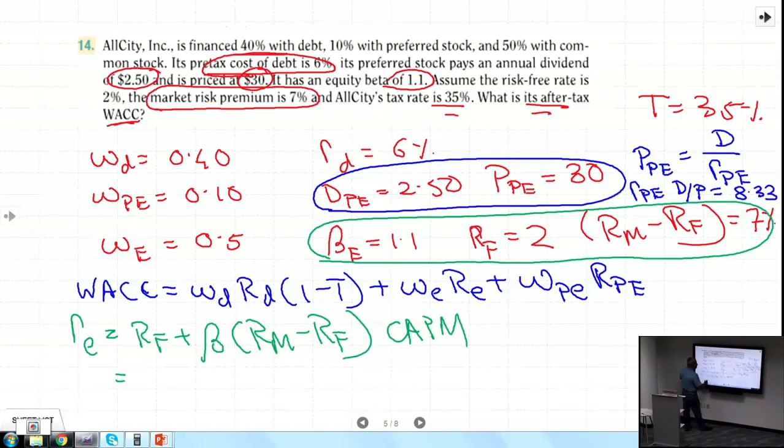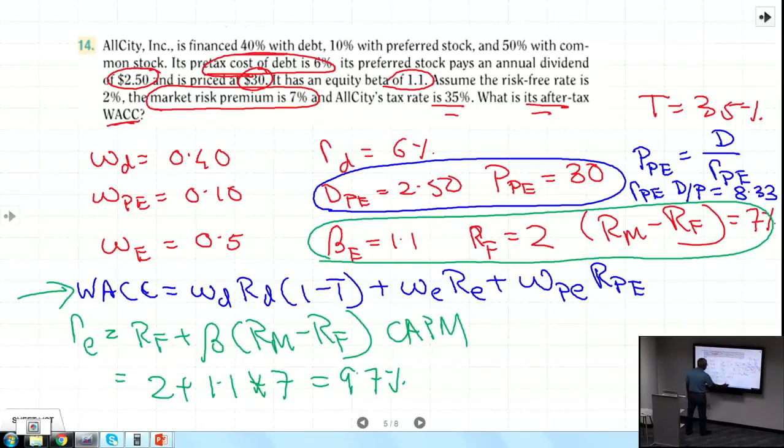So RF, risk-free return, is 2%, beta is 1.1, and RM minus RF is already given as 7. So that's 9.7%. Now, it's just a matter of substituting everything into this equation.